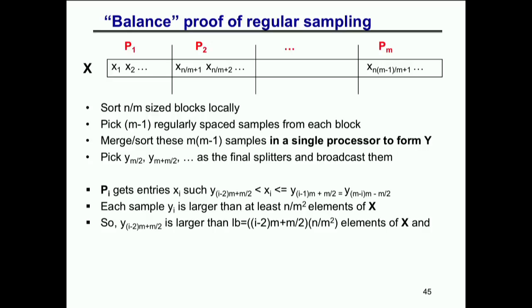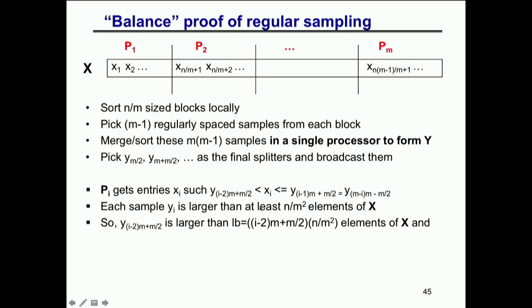So your lower bound is larger than this many elements by construction. And where does this come from? It's actually pretty simple, because this is the (i minus 2)m plus m over 2 splitter selection. This is its location within the m times m minus 1 splitters.